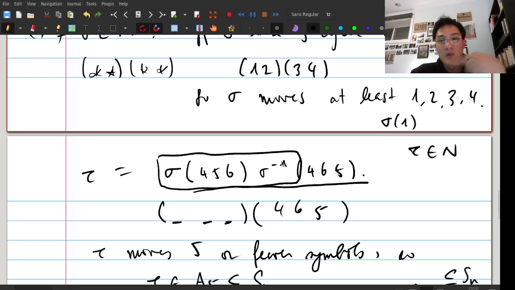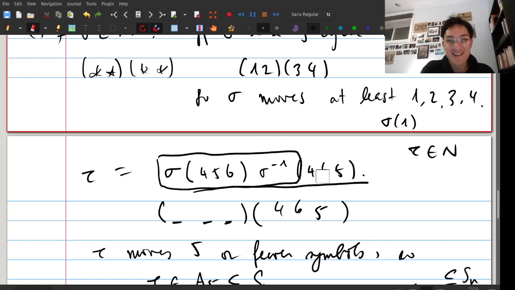So say sigma 1: sigma inverse will bring sigma 1 to 1. Then we want to bring 1 to 2, and then 2 brings sigma. Oh, it's not going to bring it to sigma 1. Okay, cool. So we've done it.